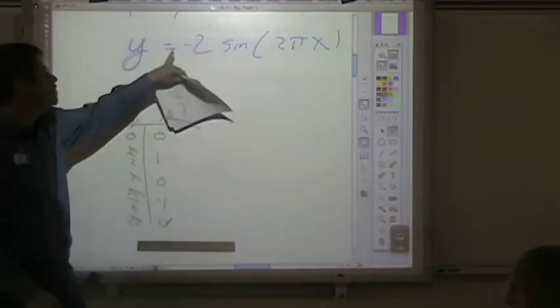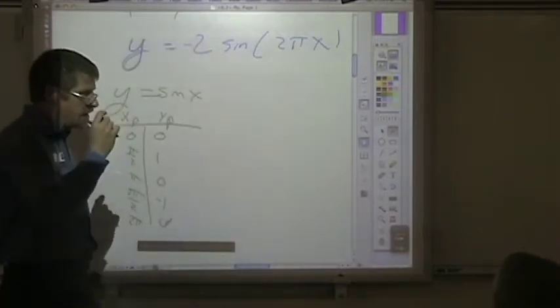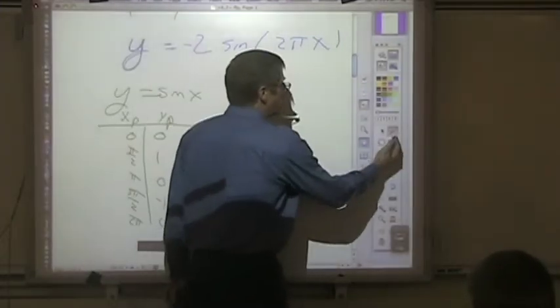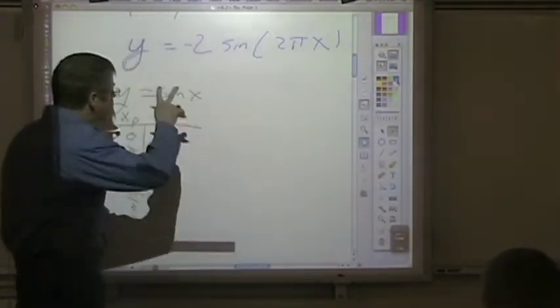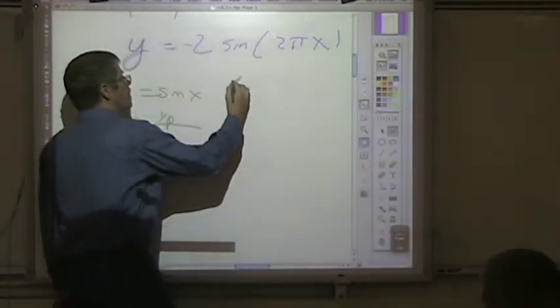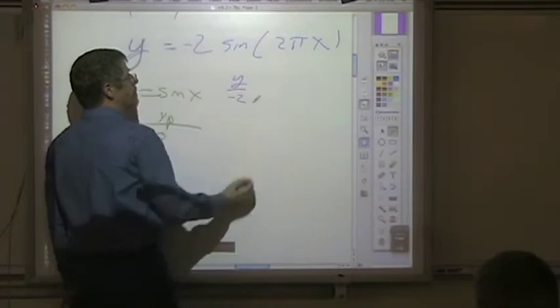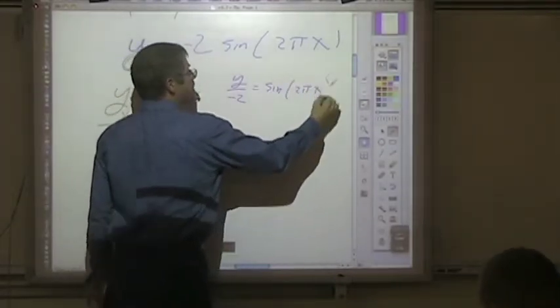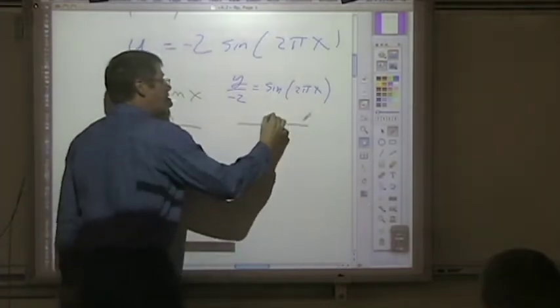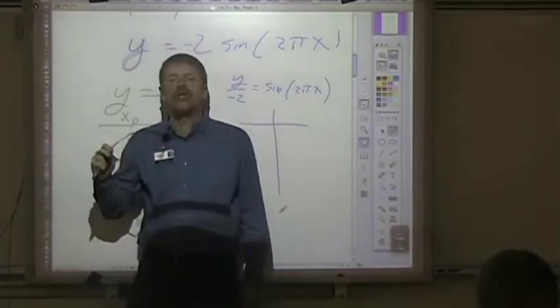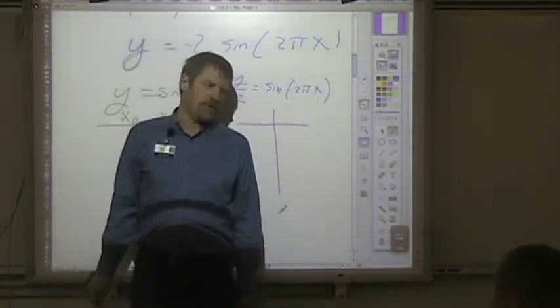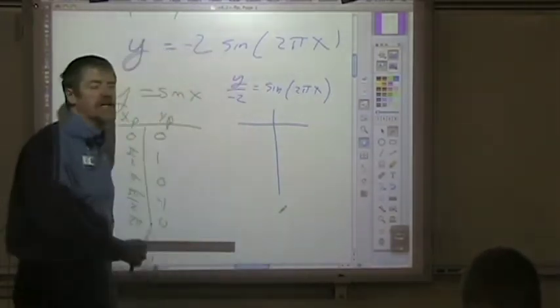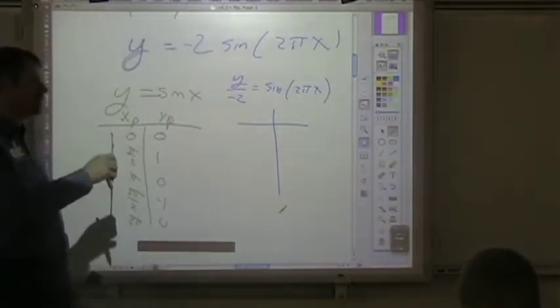And this blue child function is a linear transformation of that parent function. So if I rewrite this as y divided by -2 equals sine of 2 pi x, then I now have an opportunity to watch 2 movies in reverse in order to figure out how to transform these parent values into child values.